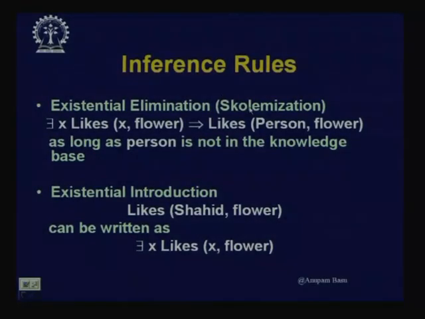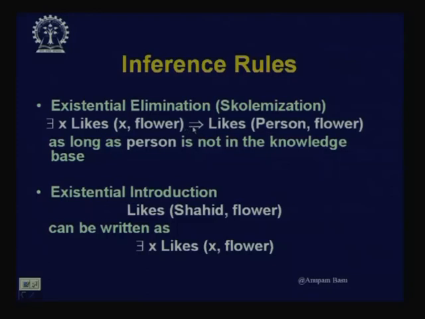But what happens in the case of the existential quantifier? There exists some x for which p x is true. Now, which x? With which x can I replace that x part of p x? This method is also known as skolemization. Say there exists x such that likes x flower.